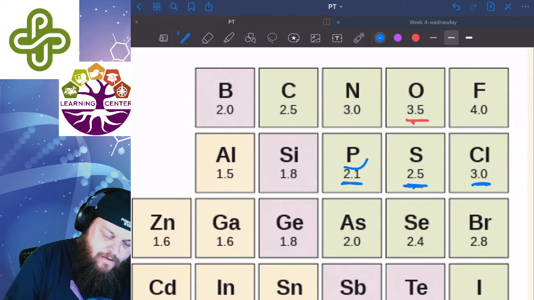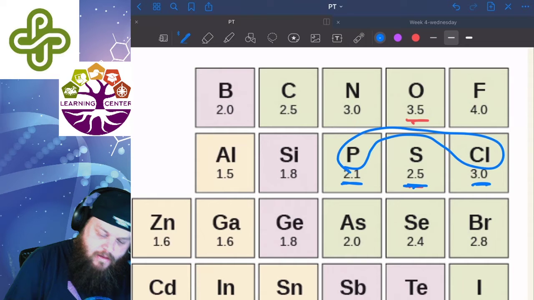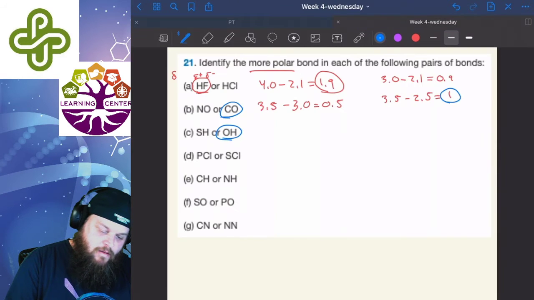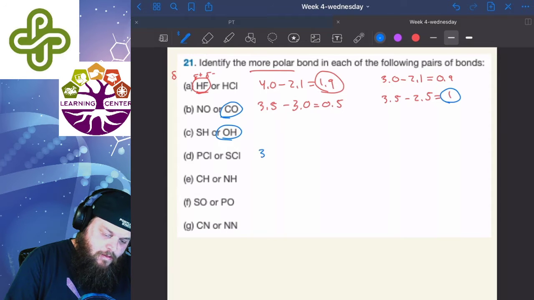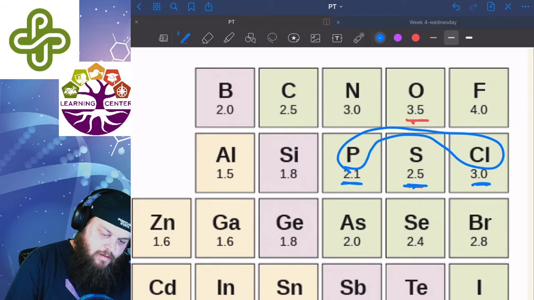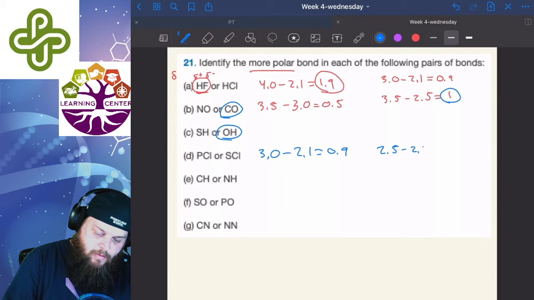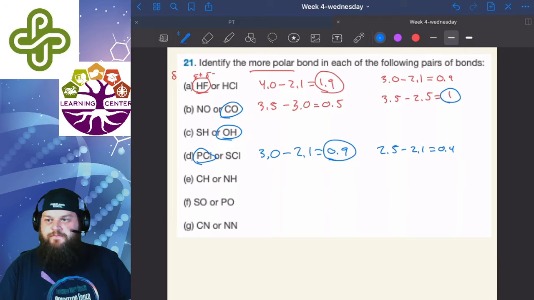So that phosphorus chloride bond is going to be more polarized. And we can see that again in the math. 3.0 minus 2.1 is equal to 0.9, and 2.5 minus 2.1 is equal to 0.4. You can see this is a larger number, so that's going to be more polarized.